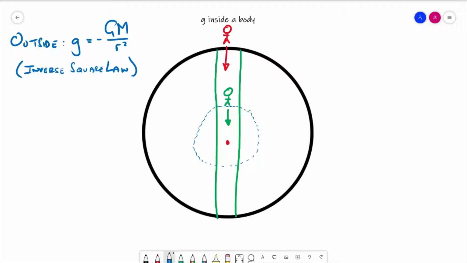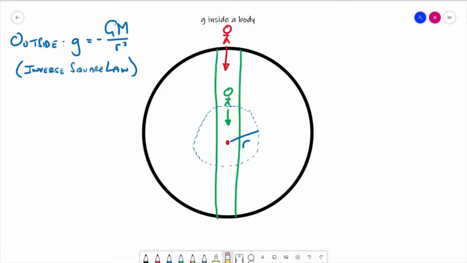So we end up with no net force, and therefore no net gravitational field strength, acting from all of the stuff outside. All we're left with is whatever is between us and the centre of mass. Obviously we've got the distance there, which will be r.